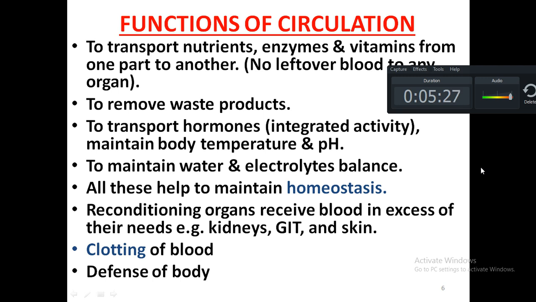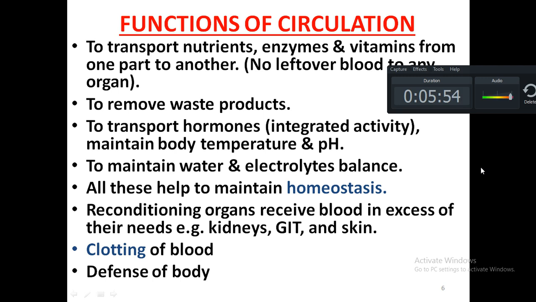Another function of the circulation is that it maintains the water and electrolyte balance. We are always vulnerable to an increase or decrease in the water or the electrolyte concentration. So this circulation will keep these two, water and electrolytes, at a constant value.